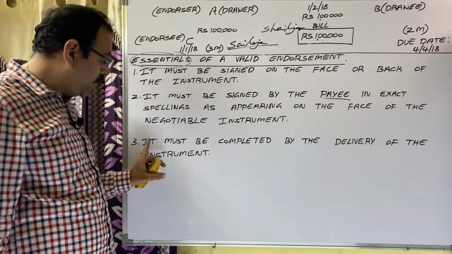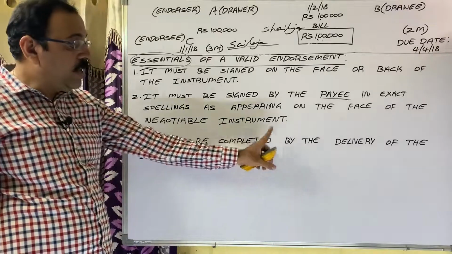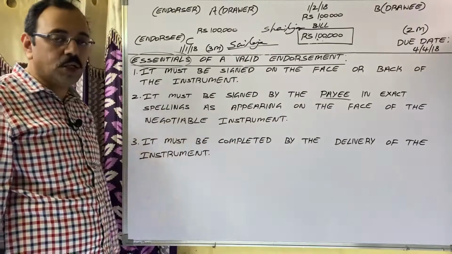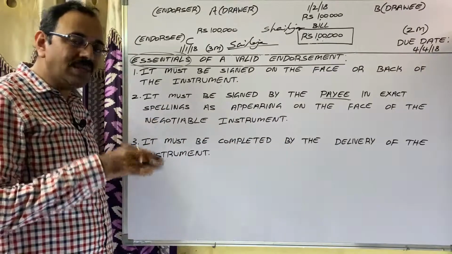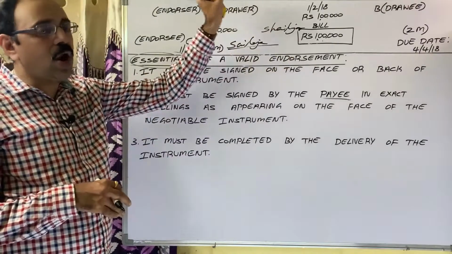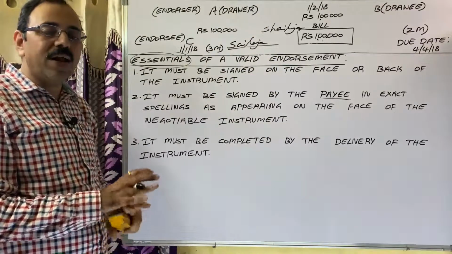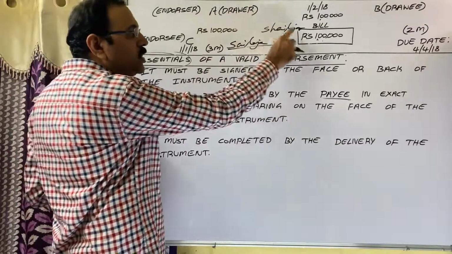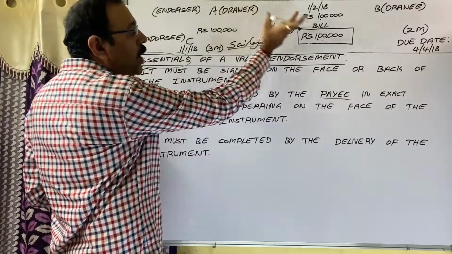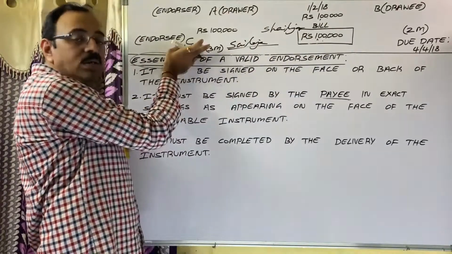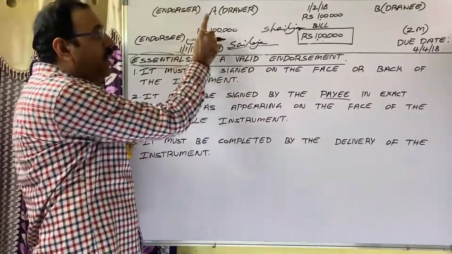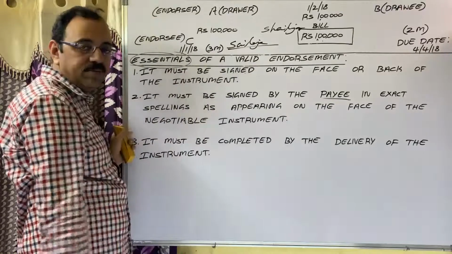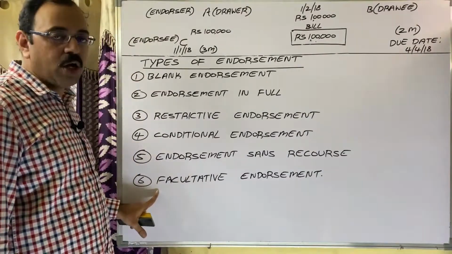Then the third point is, it must be completed by the delivery of the instrument. So putting only the signature on the face of the bill or on the back side of the bill for endorsement purpose is not enough. After putting A's signature, A has to hand over this document to C. Then only we can say that A has endorsed the bill to C. There are 6 types of endorsements.